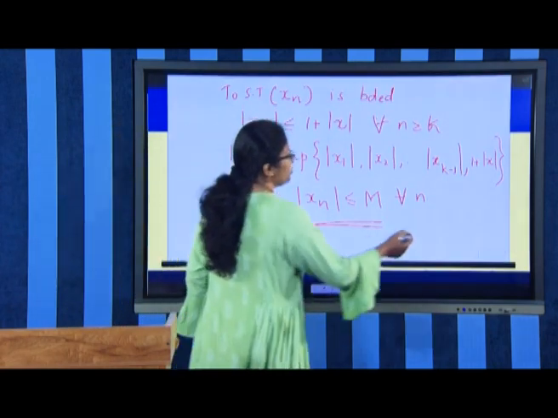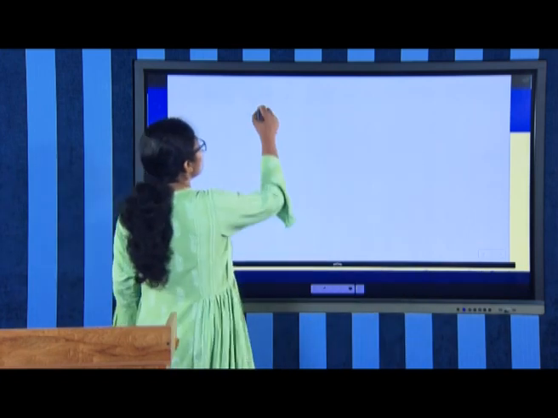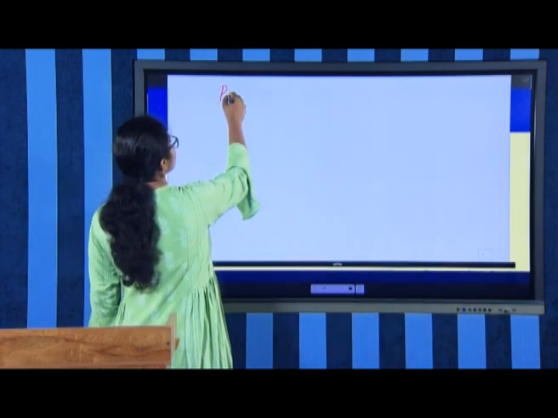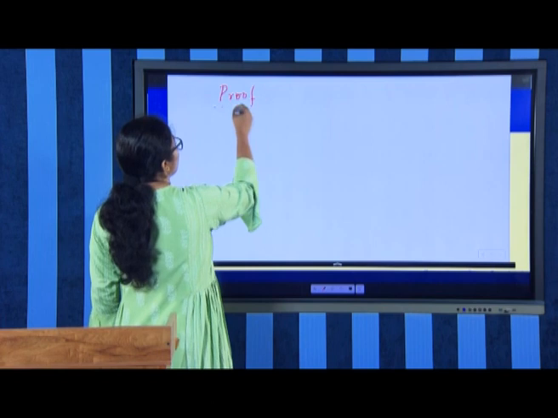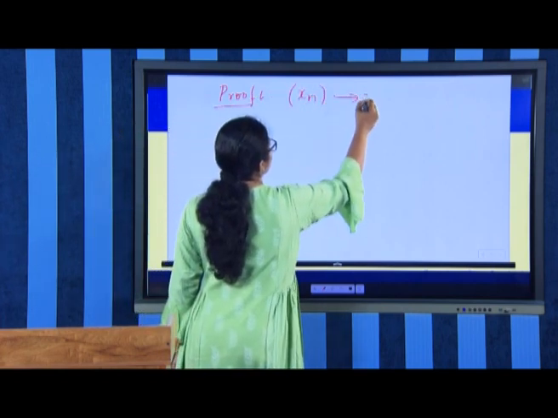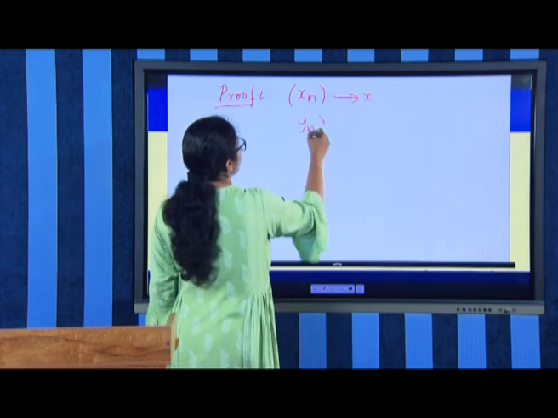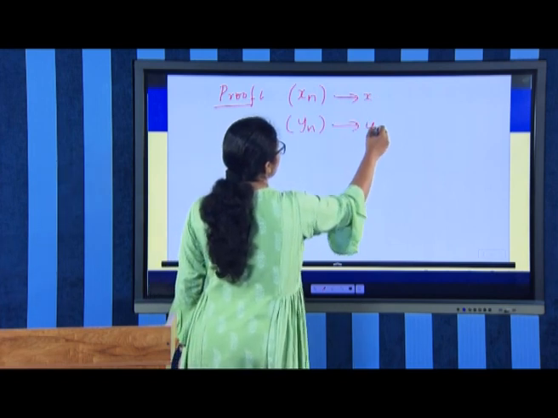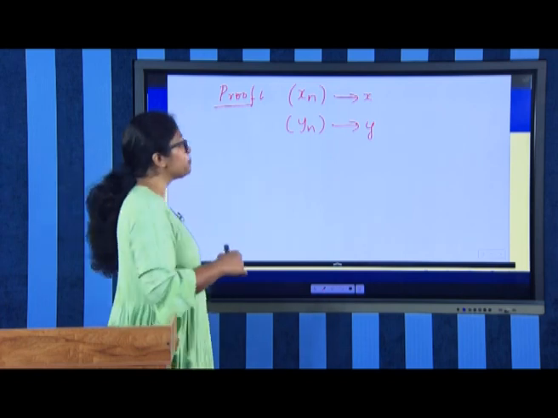The first one being, we are given xn converges to x and yn converges to y. We will be discussing an outline of the proof.